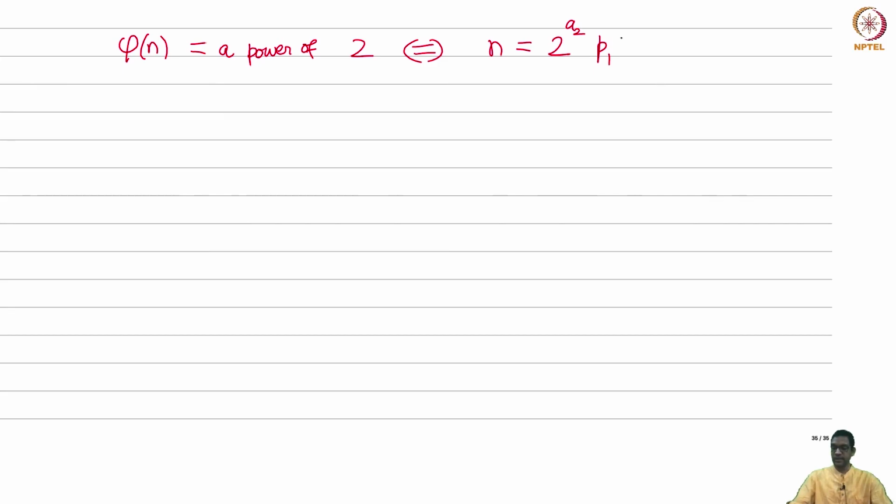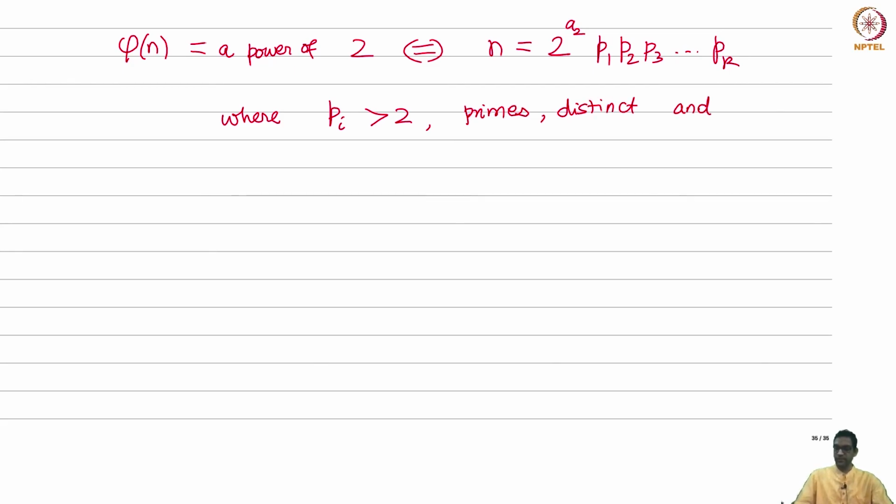So let me just say there are other primes P1, P2, P3, up to Pk, where the Pi's are greater than 2, they are primes, they are all distinct, and they are very special primes. They are primes which have the following property: Pi minus 1 is also a power of 2. So these are a very special type of prime, and this has a name.